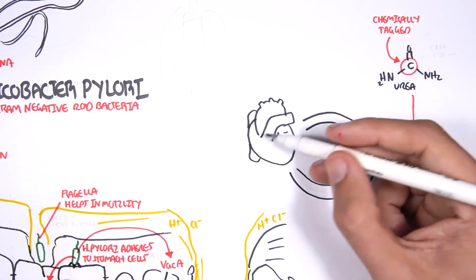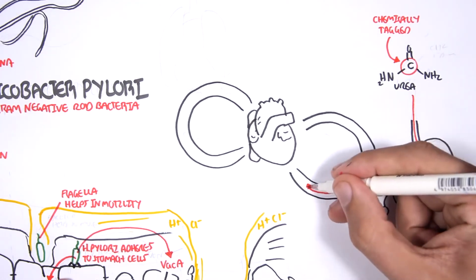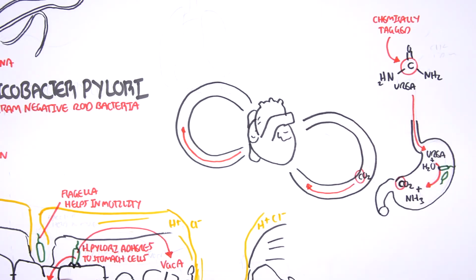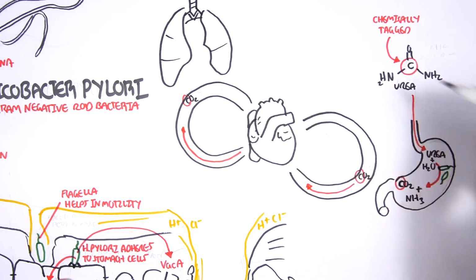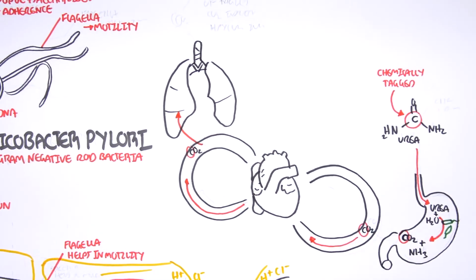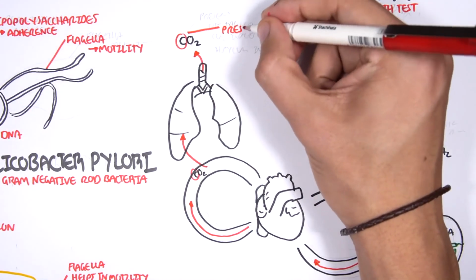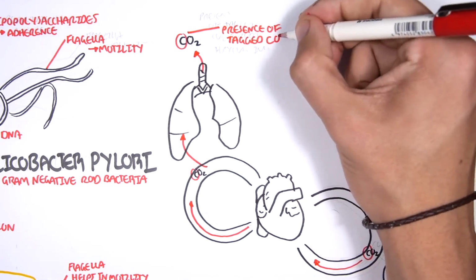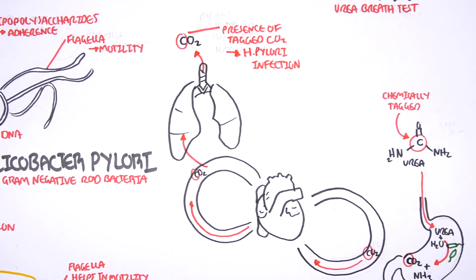The carbon dioxide will then leave the stomach to the bloodstream. The carbon dioxide will travel up to the heart, and then the heart will pump the blood with this chemically tagged carbon dioxide to the lungs, and then the carbon dioxide will be exhaled out. And so the presence of a chemically tagged carbon dioxide will indicate that it is an H. pylori infection.